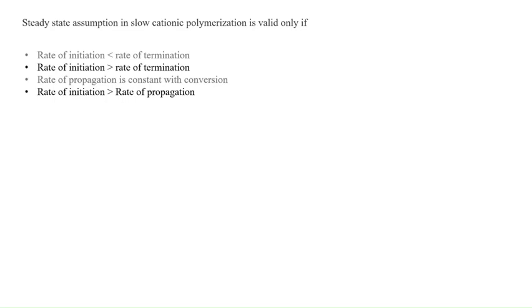So to maintain that, the rate of propagation should be constant with the conversion itself. That's why these two are the correct answers: the rate of initiation should be greater than the rate of termination, and the rate of propagation is constant with conversion. Second and third.